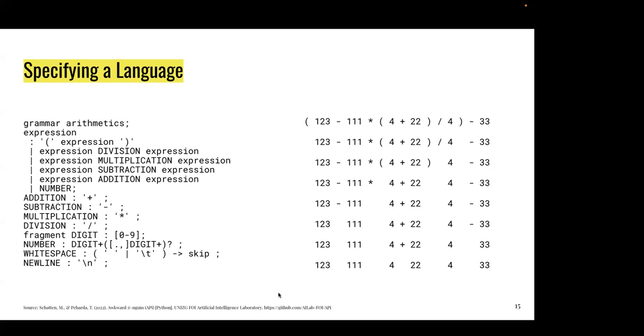We have an expression with subtraction inside it, which is the first row. But then we have two expressions, one on the left, one on the right, and we have an expression within the parentheses. That's why we remove the parentheses and take a look at the expression within them. Then we have an expression with a division symbol, divided by 4. So we have two expressions: the left-hand side, and 4, which is only a number, so we can't work on it anymore.